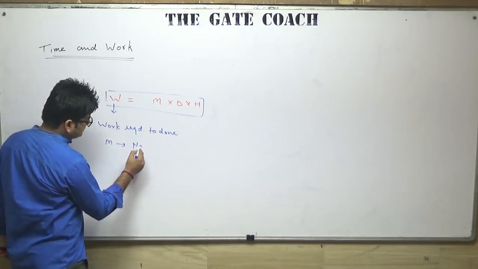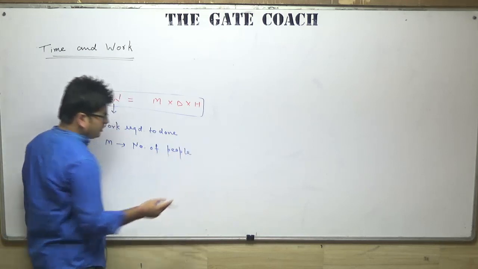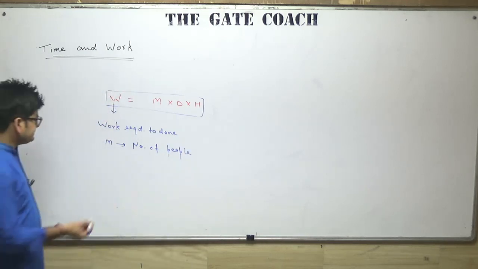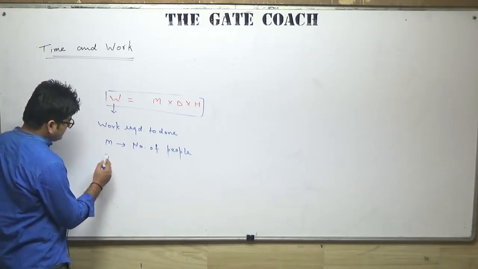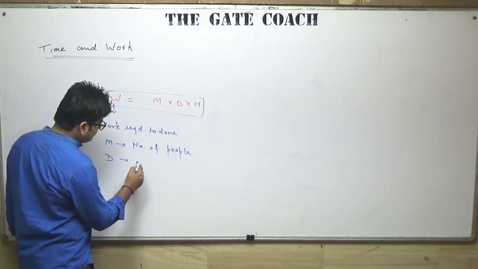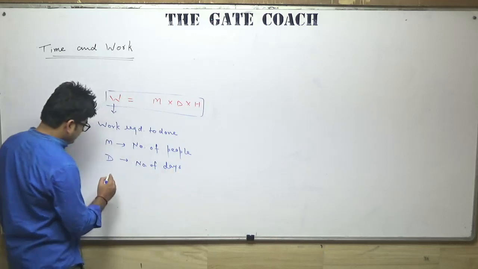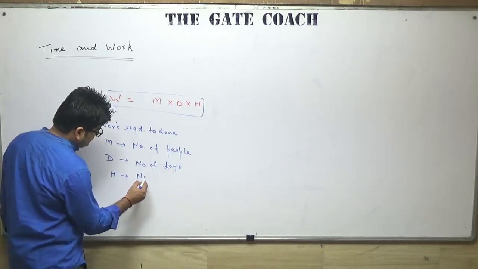M means number of people, or you can say number of men, women, boys, children working for that work. D represents number of days. H represents number of hours.